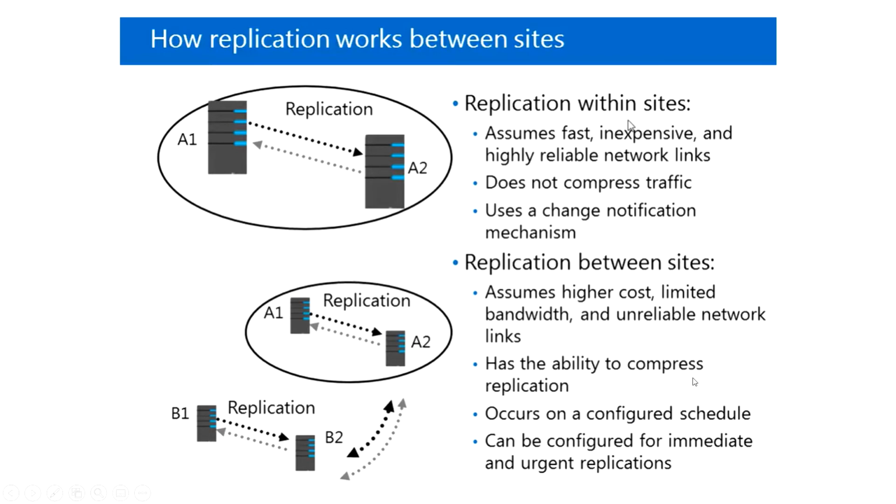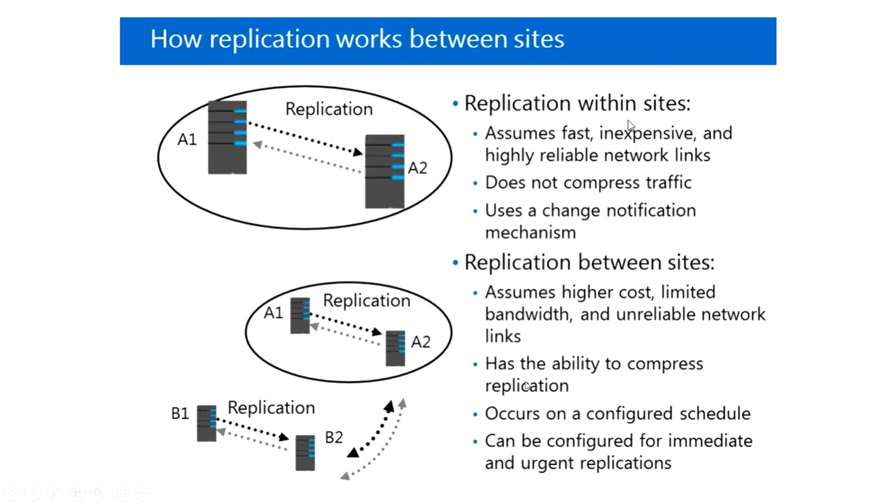So when replication happens between sites, from one domain controller to another in a different site, there will be a scheduled time. During that time, the replication will happen between the sites and the domain controllers, so that all the databases will be in sync, and all the domain controllers will have the same copy of the database.